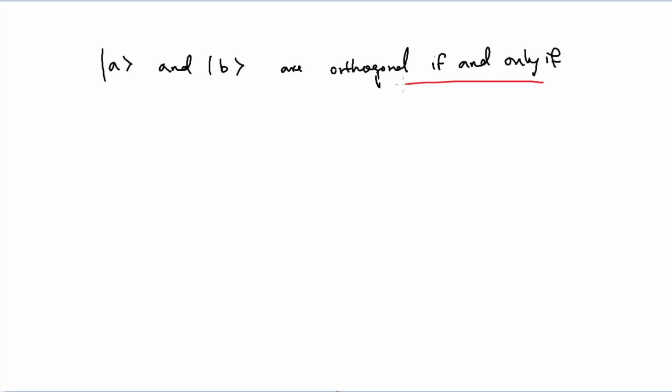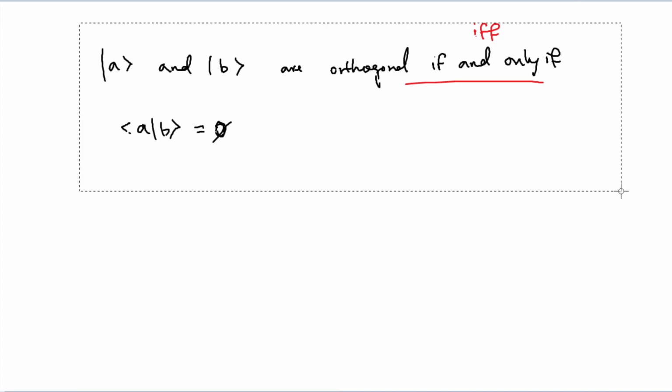One of the first claims that I'll make is that your ket vectors A and B are orthogonal if and only if, and this can be rewritten as IFF if needed, if and only if their vector sum A by B, or vice versa, is equal to 0. Now, how in the world can I even make that claim? Right, let me shrink this little claim that we have here and put it to the top.